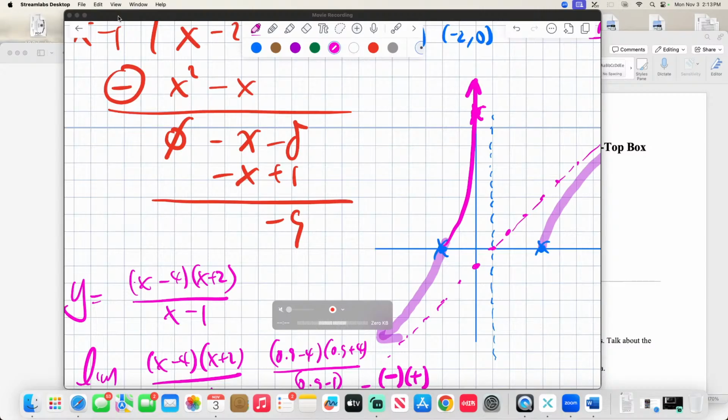And I don't care about the actual number. I only care about what happens as you approach there. 0.9 is approaching 1 from the left. If you're approaching 1 from the left, it's going to be 0.9. If you're approaching 1 from the right, then it's going to be 1.1, which is what we're going to do next. Yes, Shreya?